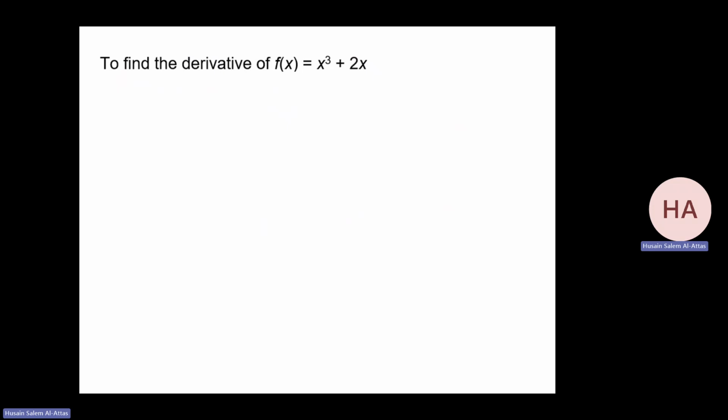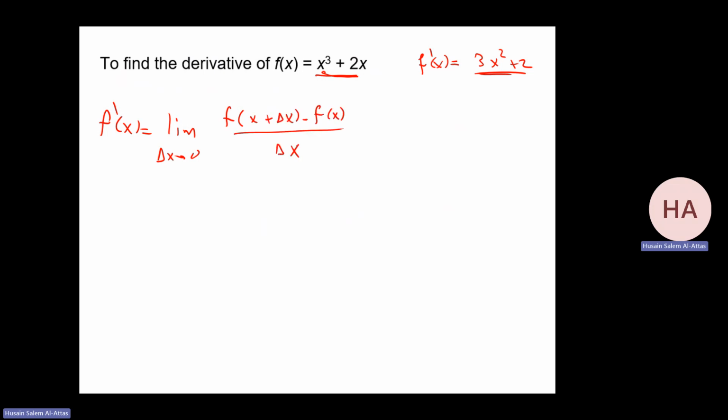Find the derivative of this. You can do it the long way, or just take the derivative. If you want to find the derivative, it is 3x squared plus 2. And I will show you using the definition. It's the same. The limit as delta x goes to 0 of f of x plus delta x minus f of x over delta x. I'm doing it for any x.